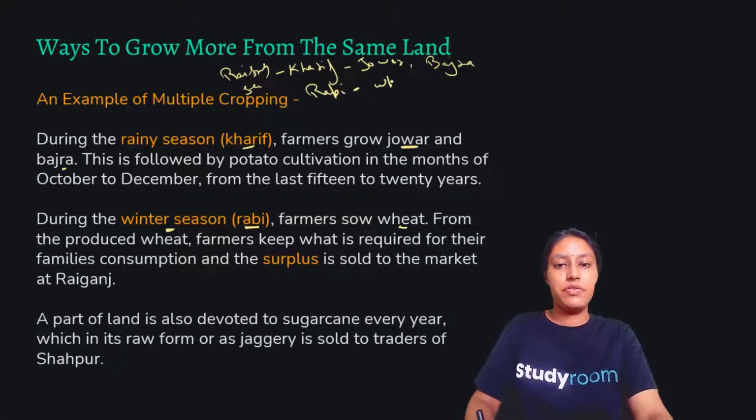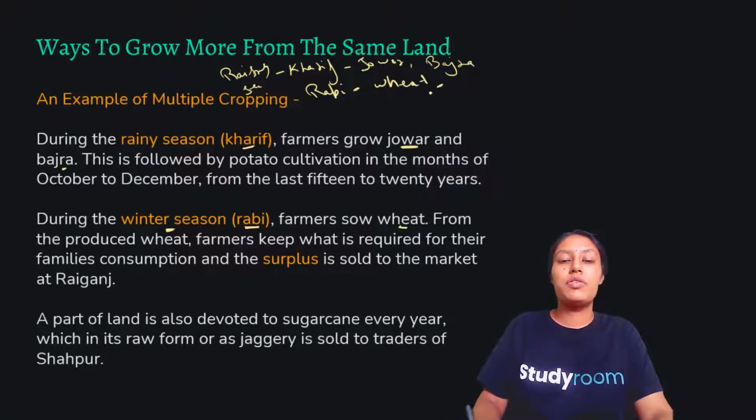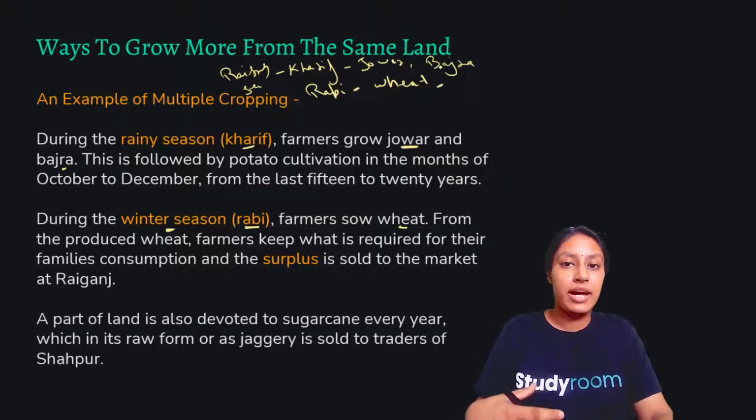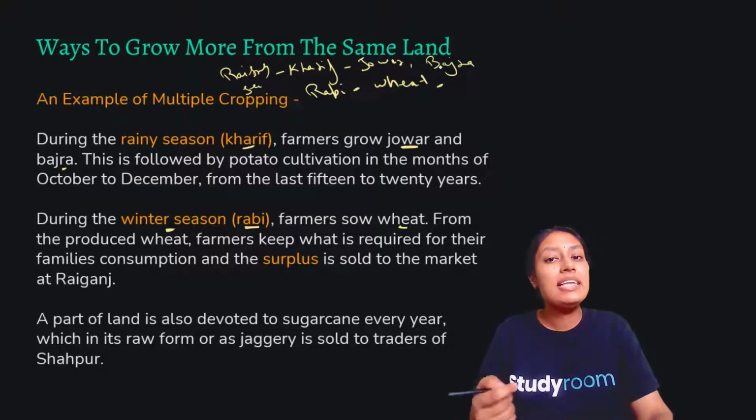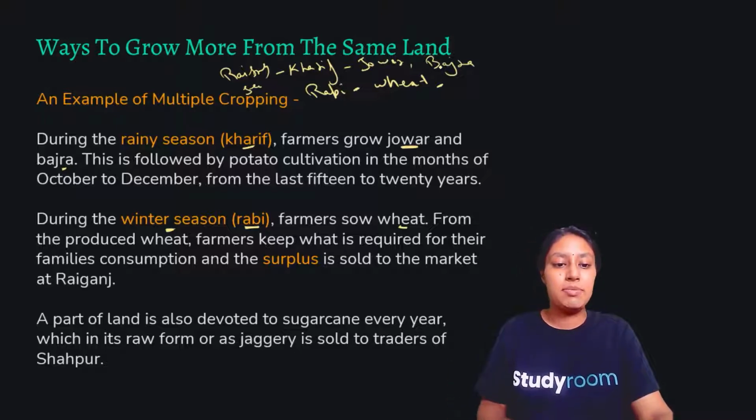For wheat, most of the farmers keep supply for themselves, and they sell the surplus supplies. Surplus means extra supply. So whatever extra wheat they have grown, they sell it to the market. Here, in the case of Palampur, they sell it to the market at Raiganj.